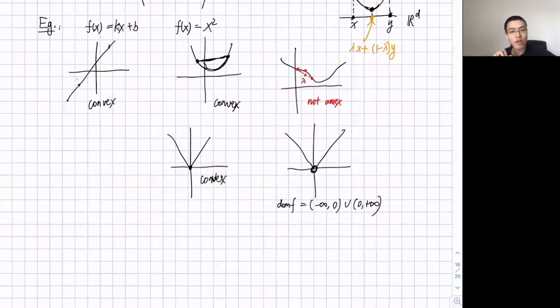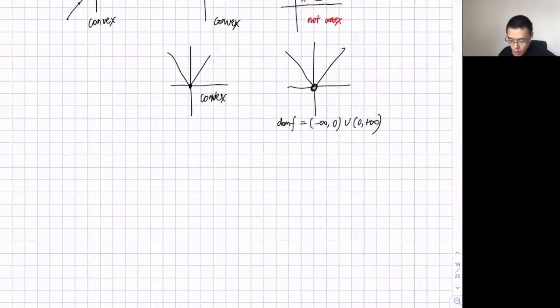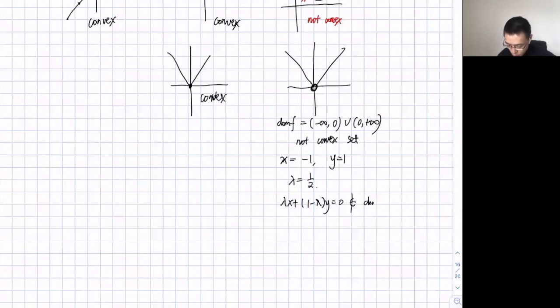So this function is not convex because the domain itself is not a convex set. I can choose x as -1 and y as 1 and lambda as half, then lambda x plus 1 minus lambda y is 0, which is not in the domain of f. So the domain of f is not a convex set.